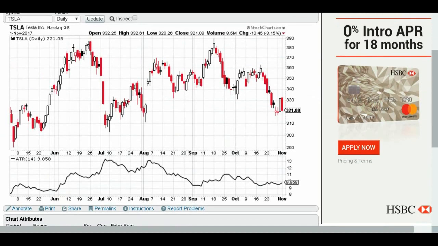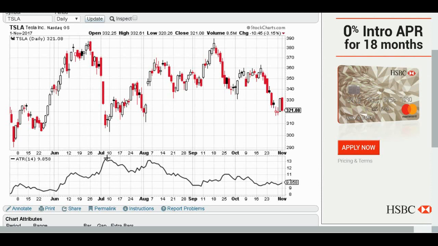And this is Tesla. When the volatility becomes extreme, when the average recent size of the candlestick moves in the last 14 candlesticks becomes extreme, that's when I like to sell options, because you get paid a lot more when volatility picks up, as opposed to if you try to sell options when the stock is just kind of drifting or going sideways.